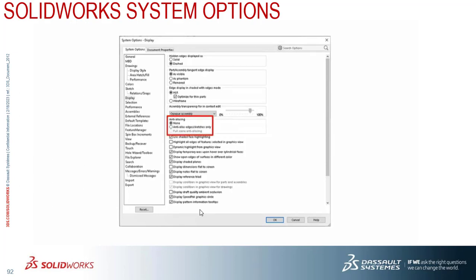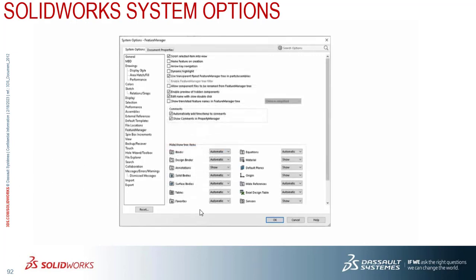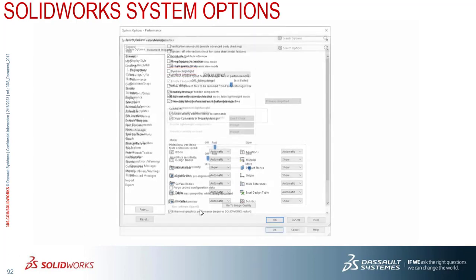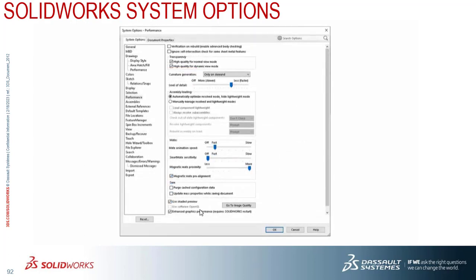For the display settings, set anti-aliasing to none. Uncheck highlight all edges and the dynamic highlights in the graphics view. For the FeatureManager, uncheck dynamic highlight. For performance, uncheck verification on rebuild and ignore self-intersection checks.